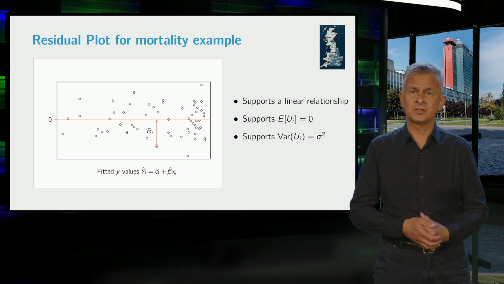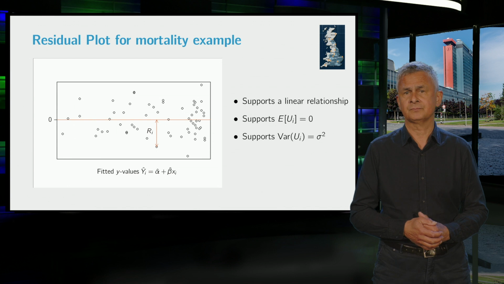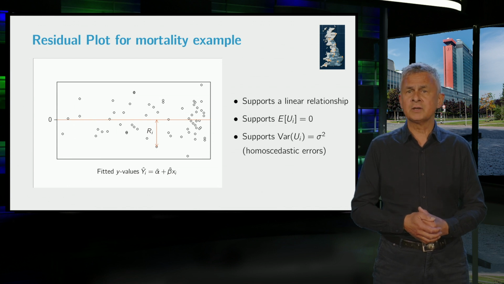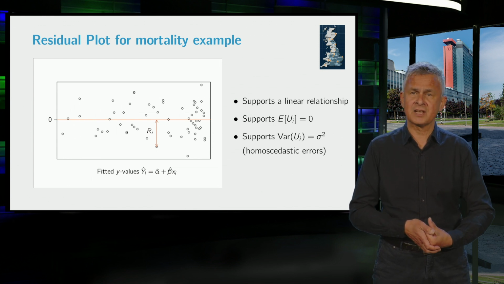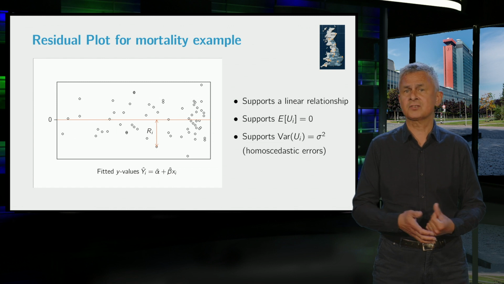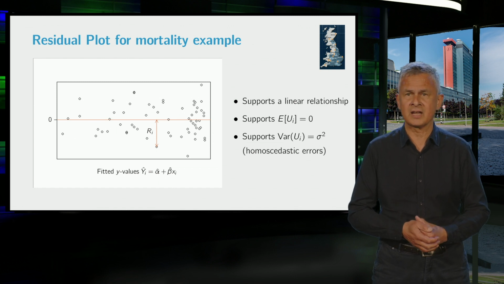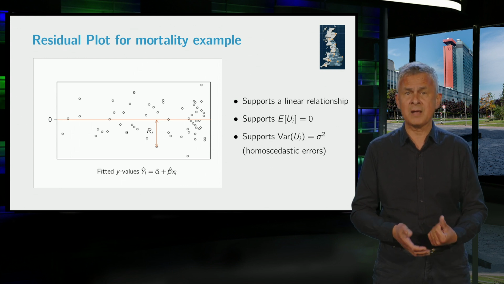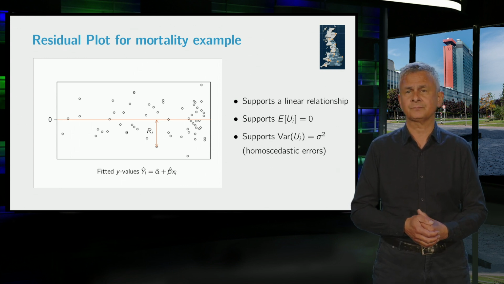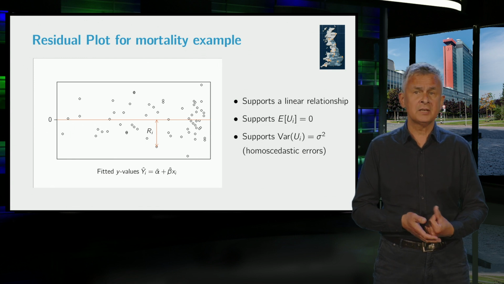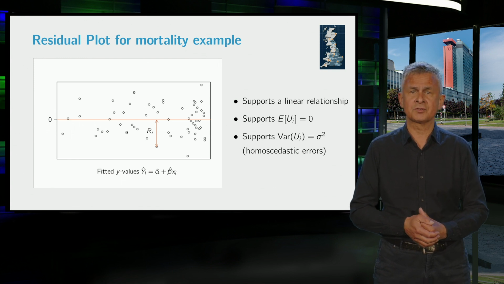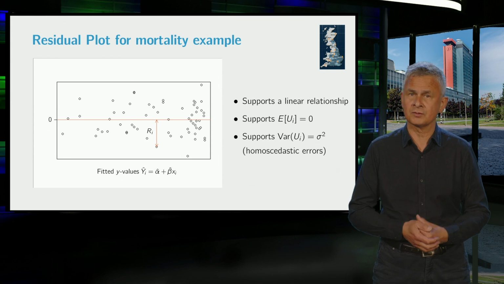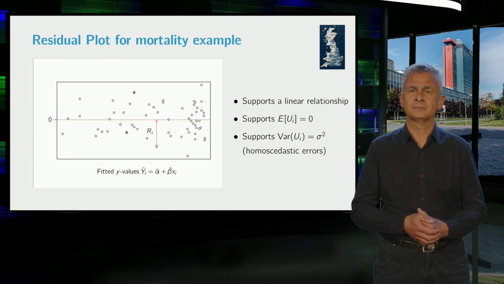So this supports the assumption of equal variances for the measurement errors. One usually refers to this property as homoscedastic errors. This in contrast to heteroscedastic errors, which refers to measurement errors for which the variance depends on the x variable. So the linear relationship and the moment conditions on the measurement errors are supported by the residual plot.